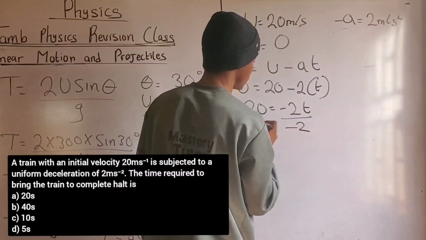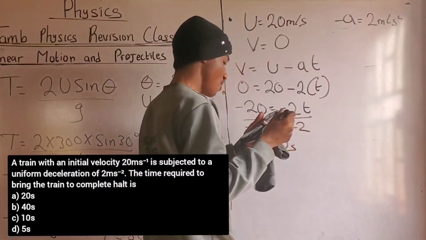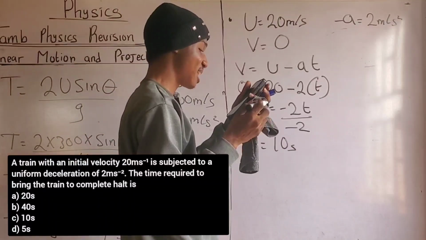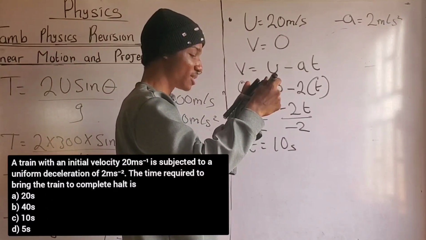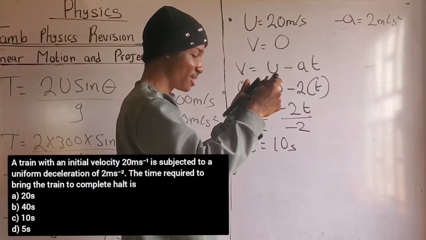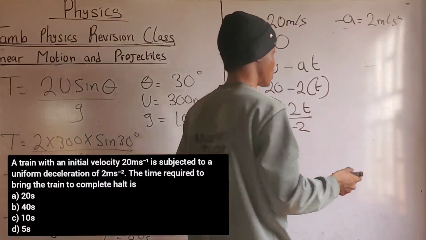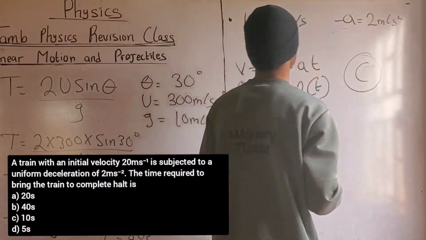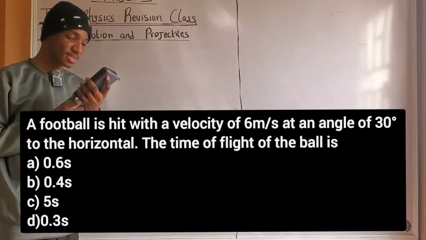Dividing both sides by negative 2, t is equal to 10 seconds. So therefore, the time taken to bring the train to rest is 10 seconds. The correct option to that question is option C. Option C is correct. Let's proceed to the next question.